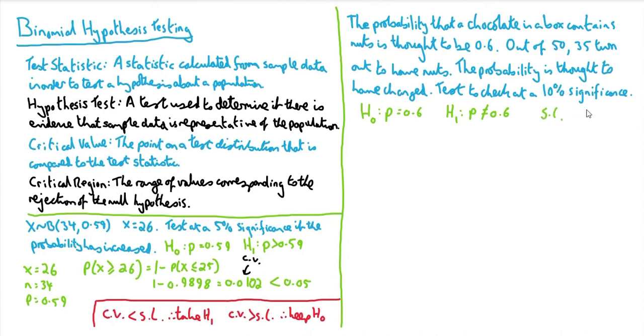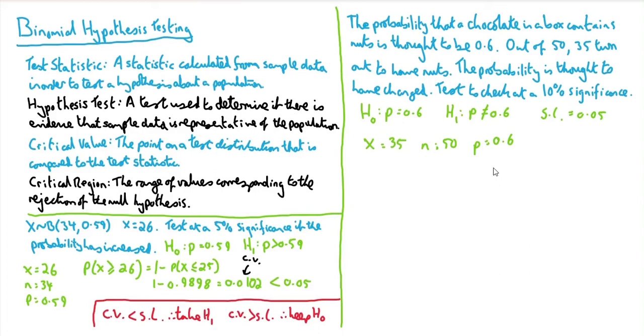The significance level we're going to have is only going to be 5% for each tail. Now next is when we would identify our x, n and p values. So x is going to be that 35, whereas the n is the whole 50, and again the p is going to remain what we identified before, so this 0.6.